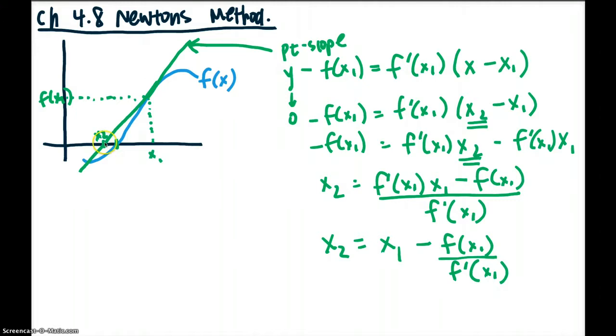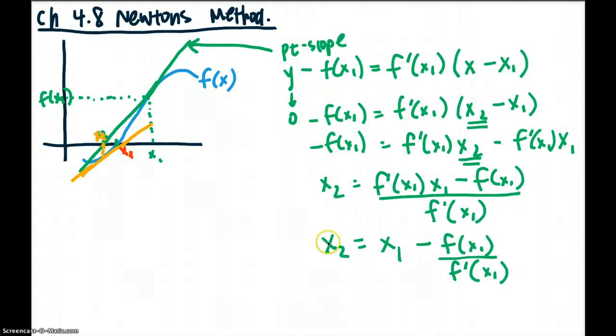Now what I do next with my x sub 2 here is plug that in and use that as my guess and find the equation of this tangent line here, which, as you can see, gets closer and gives me x sub 3, a next guess of x sub 3. Now what will be x sub 3?